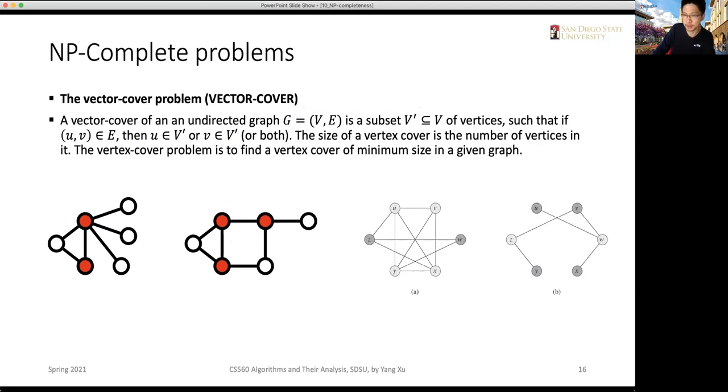previous clique example. If you look at these two graphs, they actually have the same vertices. The highlighted vertices here, these two vertices, are the clique.